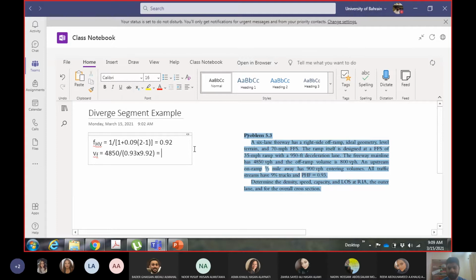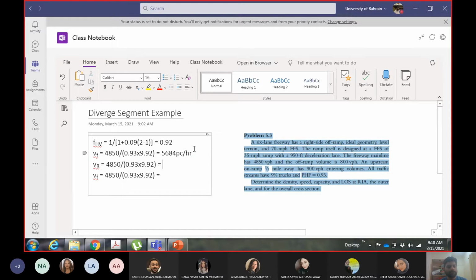How much is it? 5684. And the units are? Passenger cars per hour.